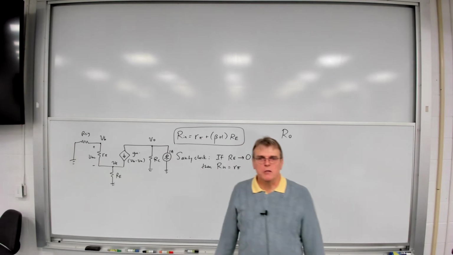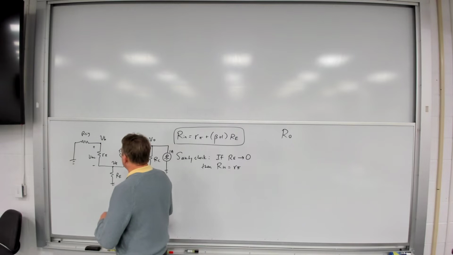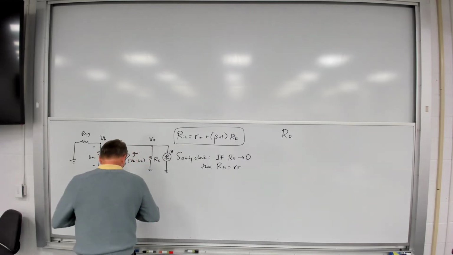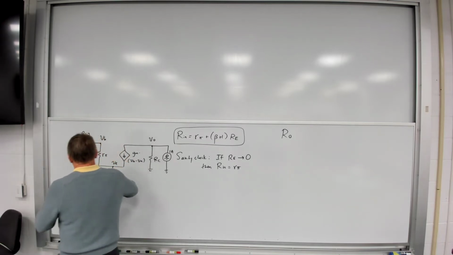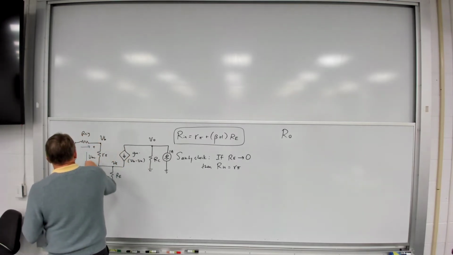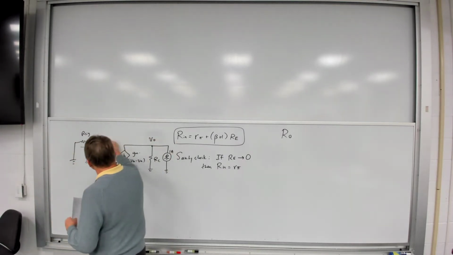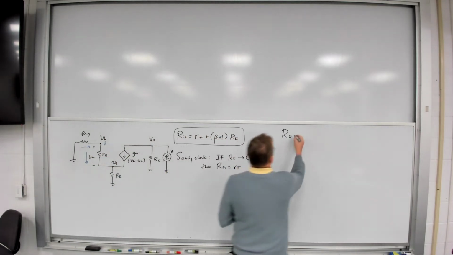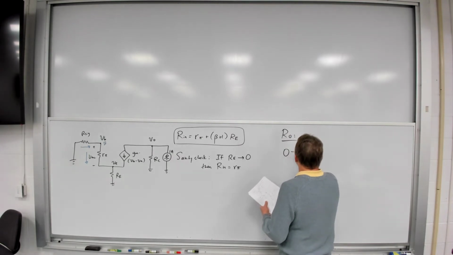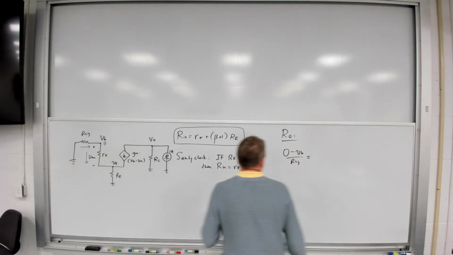So in this case, if I want to solve for this, let's first go through. I'm going to write an equation here. I know that in this case, this current and this current, I'm just going to write a KCL for that node. So here at the base node, what I'm going to have is that 0 minus VB over R_sig is equal to VB minus VE over r_pi.